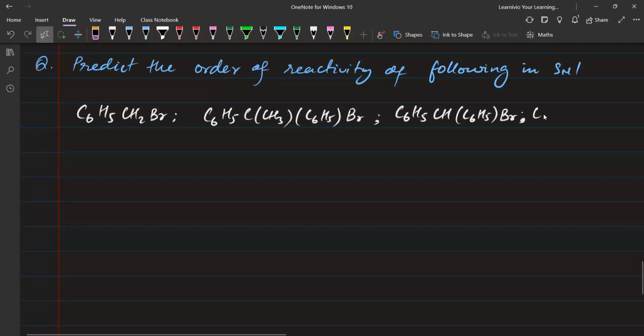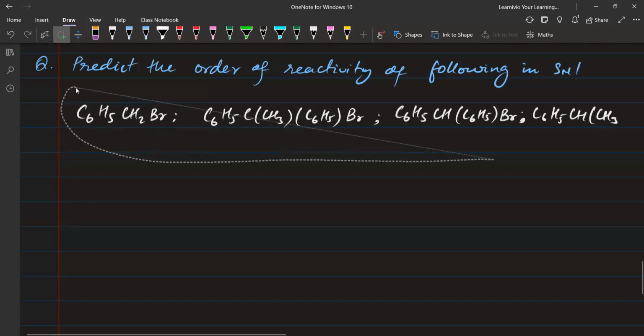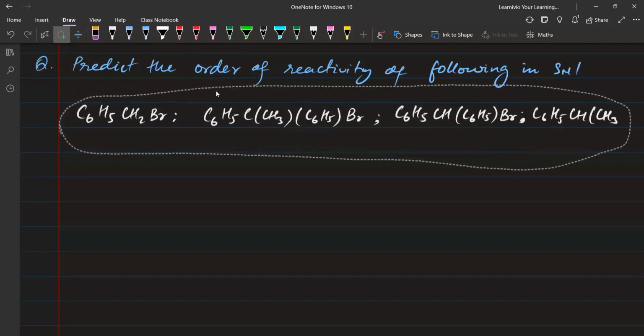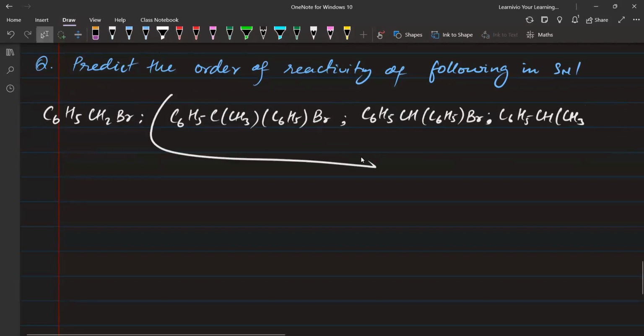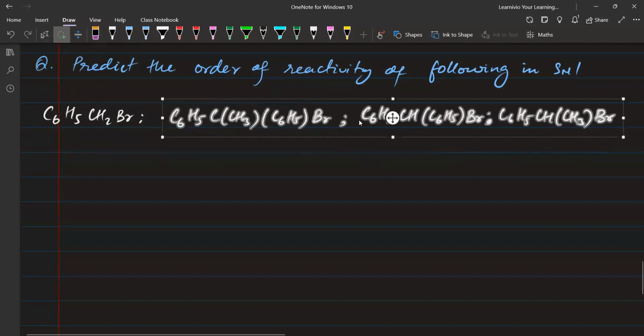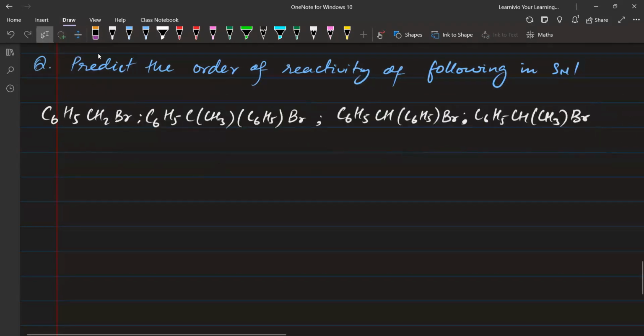Then you have C6H5CHCH3, CH3Br. A, hopefully you can see the comma, right? This is B, C, and D.